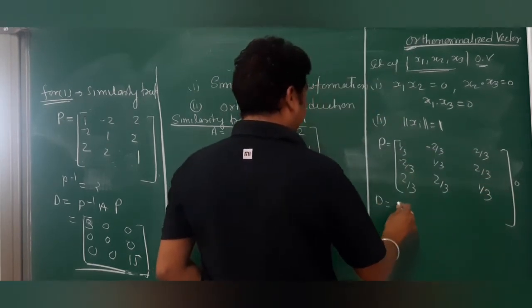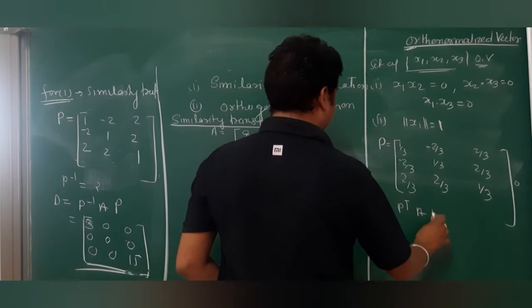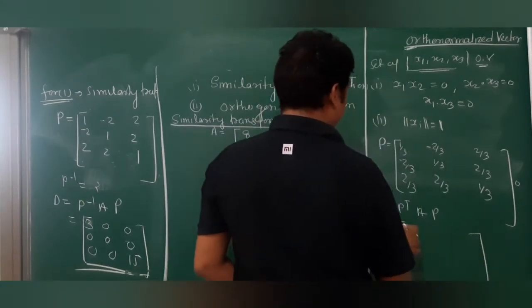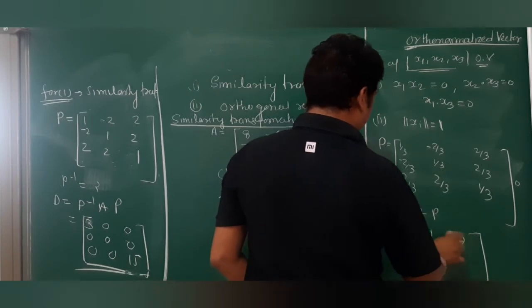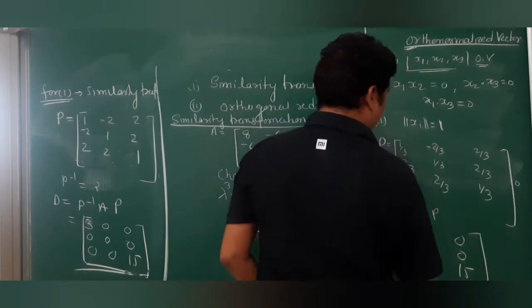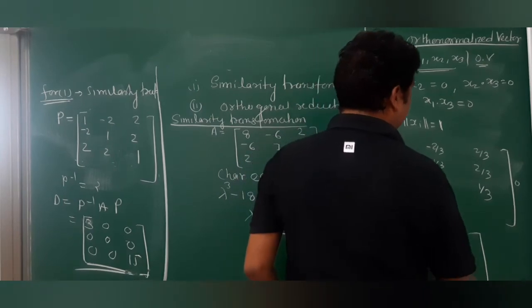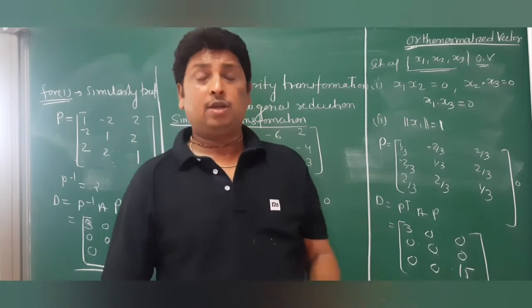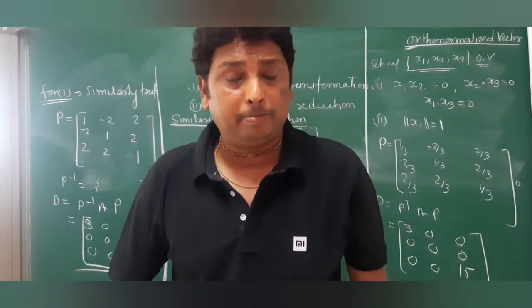So what is B? B is just P transpose AP, which comes what? Same value. 3 0 0 0 0 0 0 0 15, because diagonal elements must be the eigenvalues. What is diagonal matrix?